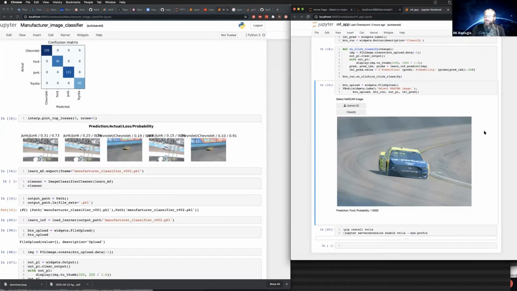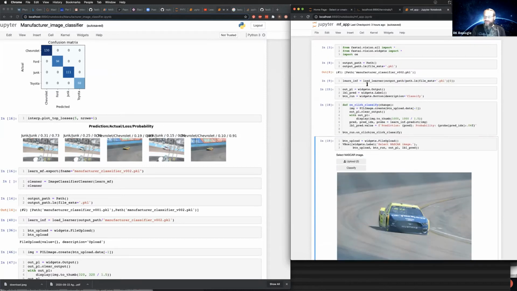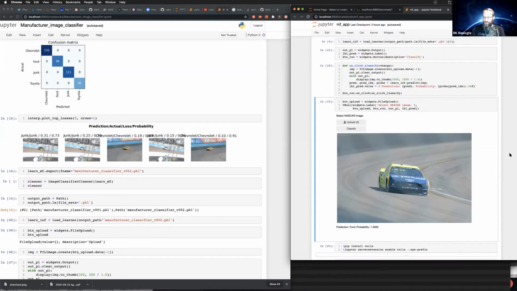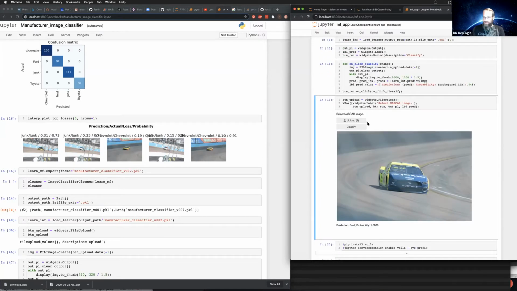So what I was doing over here, and you can see this is pretty much just a rehash of what the app was in the workspace, but I can upload.